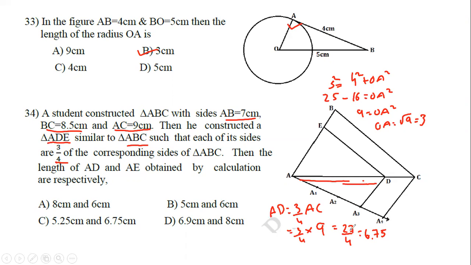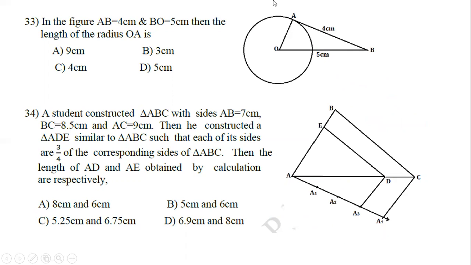No need to find out another one because here, observe here, 6.75, only one option is there. Is it right? Then option C is correct. For example, if it is there in the second option too, then check for AE also. Already 6.75, only one option is there, so no need to find out AE. Easily pick option C. Option C is the correct answer.